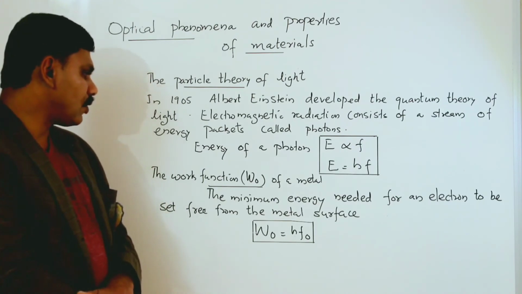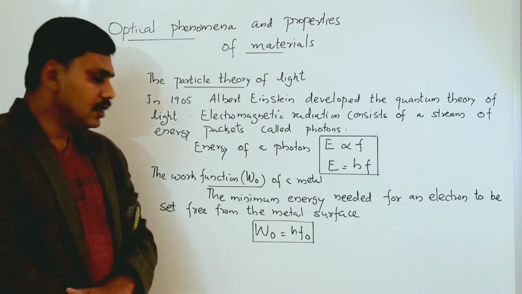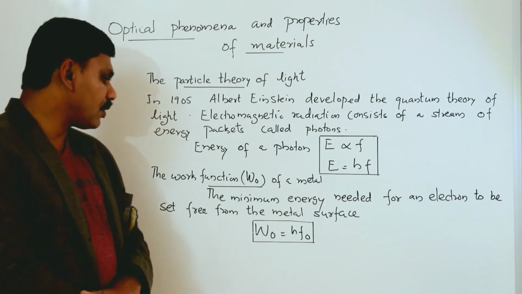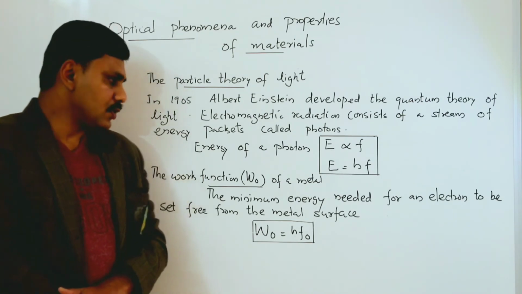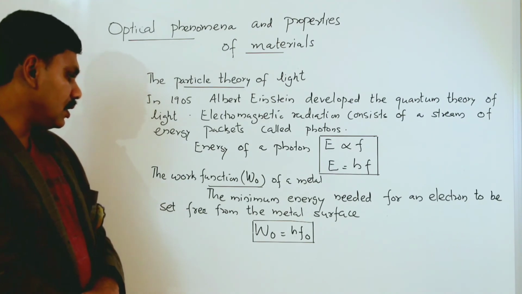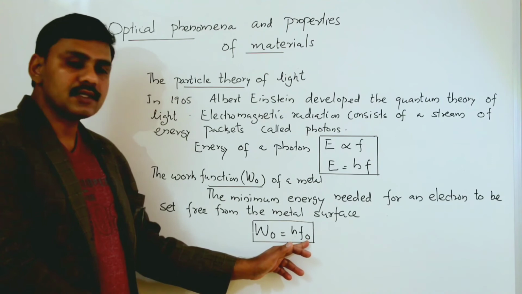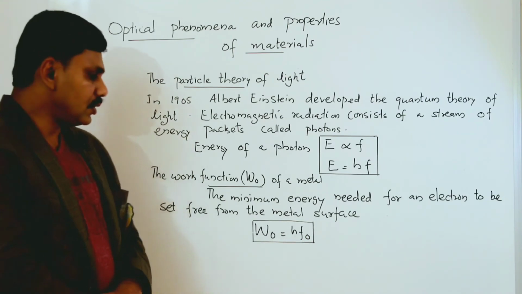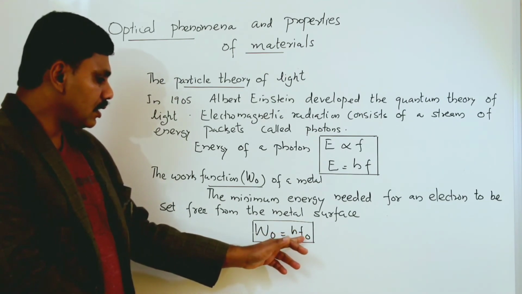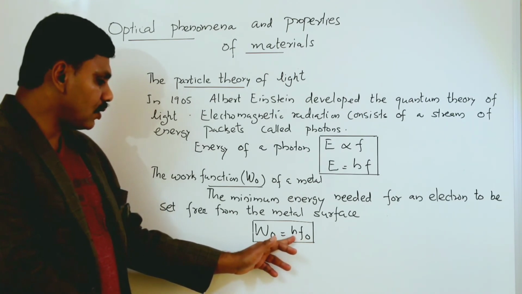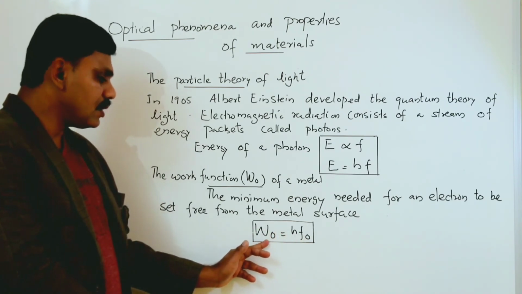So the work function of a metal is defined as the minimum energy needed for an electron to be set free from the metal surface. So that work function is equal to hf0. f0 means threshold frequency. So f0 is the threshold frequency, h is Planck's constant, and W0 is the work function.